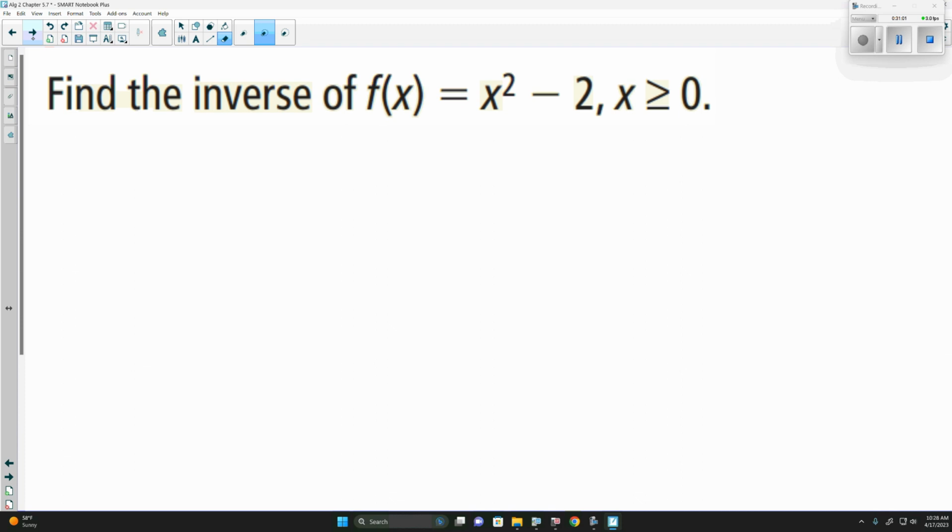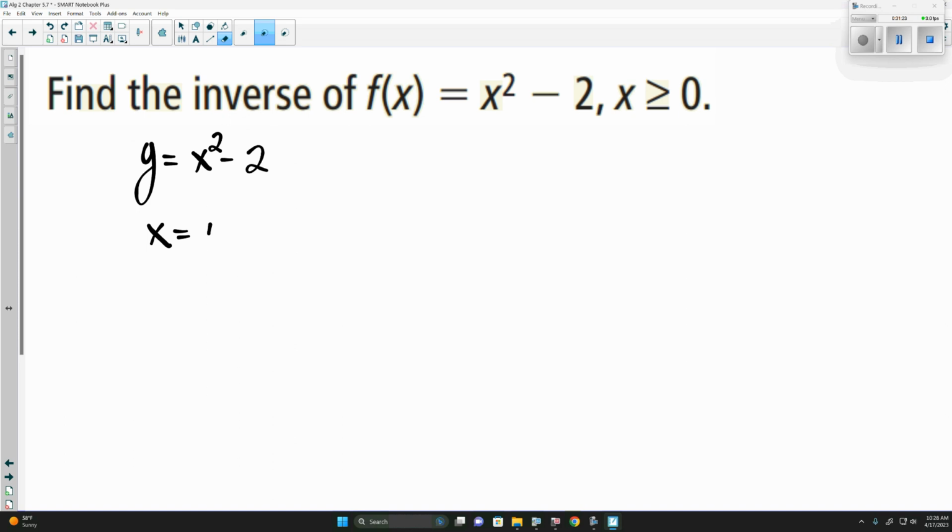Find the inverse of f of x equals x squared minus 2. Again, we're going to go through the exact same steps. So we're going to say y is equal to x squared minus 2. The next thing we're going to do is switch x and y.